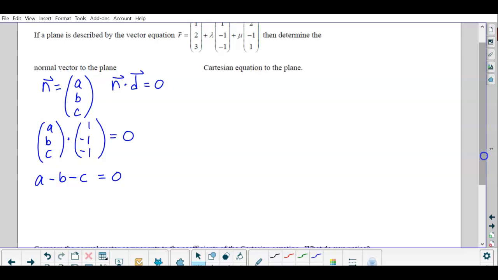So you do get an equation. It's got 3 unknowns, each component of the normal vector. All right. Then what also has to happen is that it has to be perpendicular to the other direction vector as well. So now A, B, C dot product with 2, -1, 1 also has to equal 0.